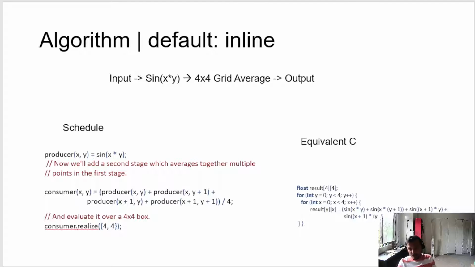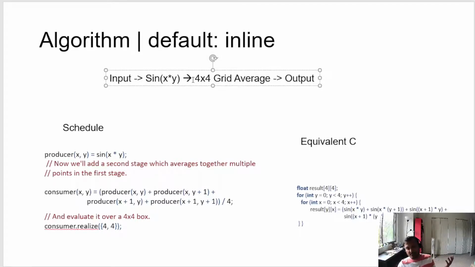Now, by default, in Halide, everything is inline. So that's important to know. This is my algorithm. The common terminology in Halide is to use the word producer and consumer. This one is the producer and this one is the consumer. The producer produces some outputs and then the consumer consumes it.